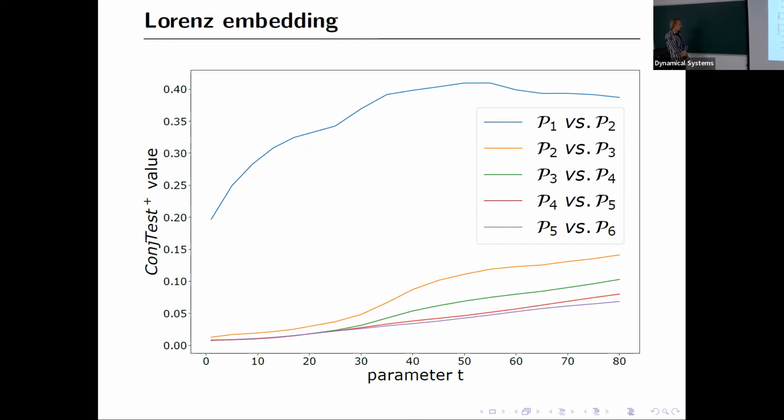But for reasonable values of t, this conjugacy test computed over very long time series, if it is embedded in the correct dimension, gives you a low value. So it also indicates embedding in 3 or 4 dimensions.